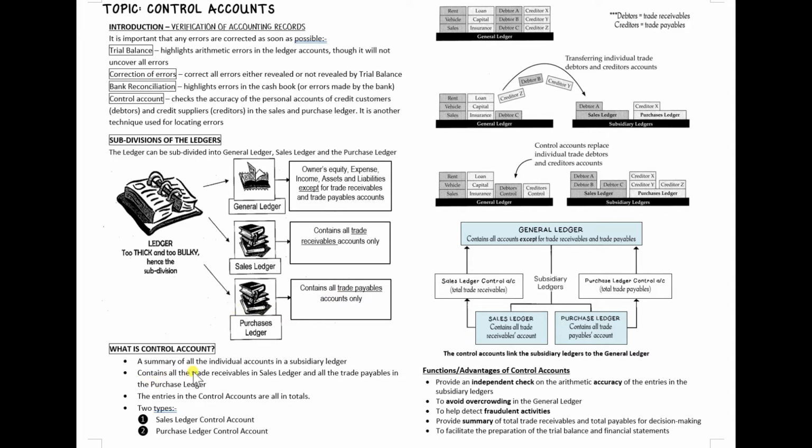It contains all the trade receivables and all the trade payables in the ledger accounts, but it will be in totals. It will summarize, because for example the trade receivables, we can have 10, 100, 100,000 so many credit customers.